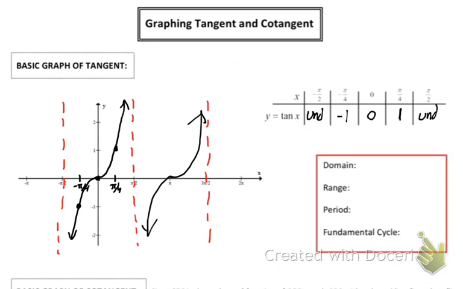We had range yesterday. Today we're going to add domain into it. Domain is how far left, I'm going the wrong direction for you, but how far left to how far right a graph goes. Well, tangent goes all the way to negative infinity, because it just repeats over and over, and it goes all the way to positive infinity. However, my domain is not negative infinity to infinity, because look at all these points that tangent cannot be.